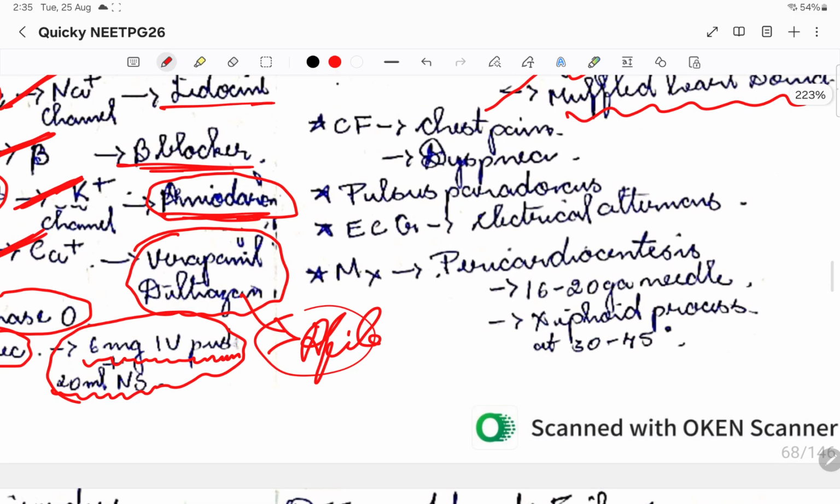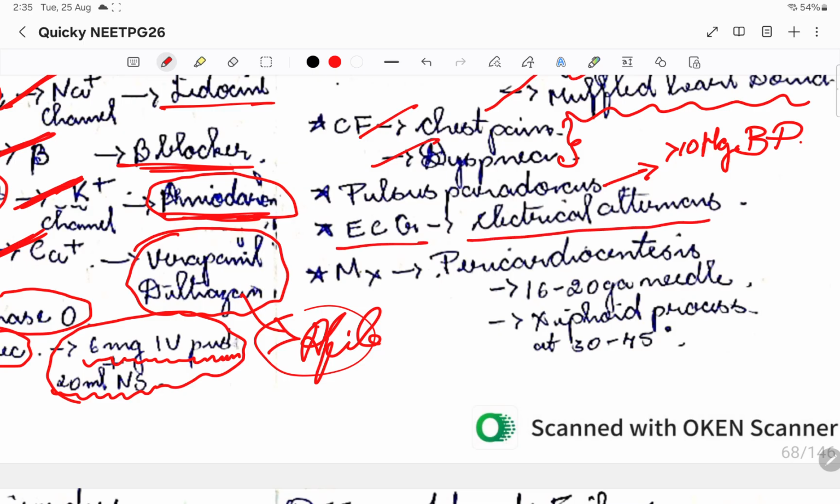Other clinical features the patient might come up with are chest pain and dyspnea. Then pulsus paradoxus, I discussed, more than 10 mmHg reduction in BP, might be there with cardiac tamponade. And the ECG we already discussed: electrical alternans will be there, with a big difference between ECG waves.